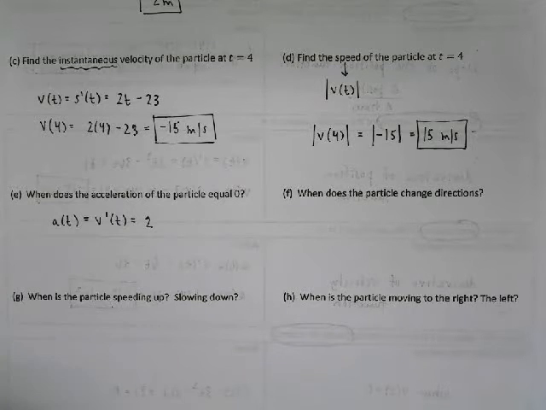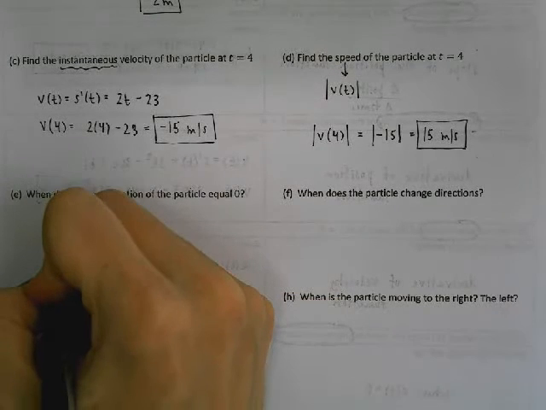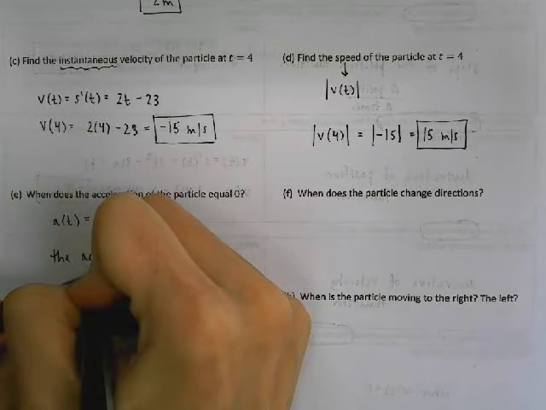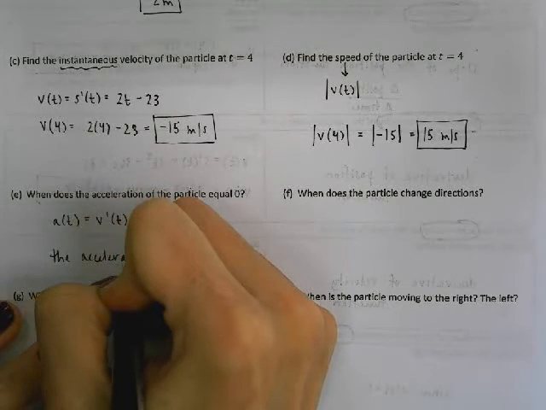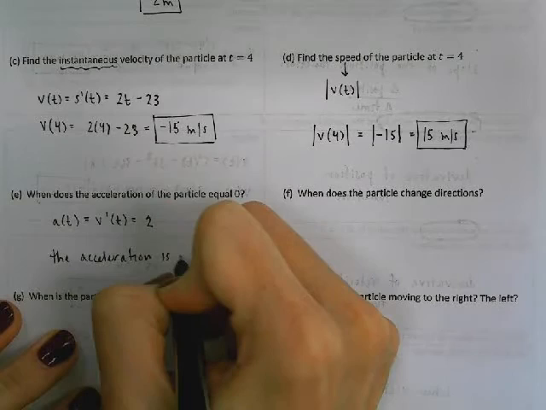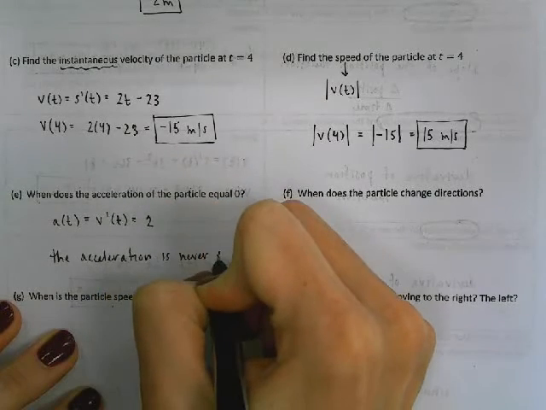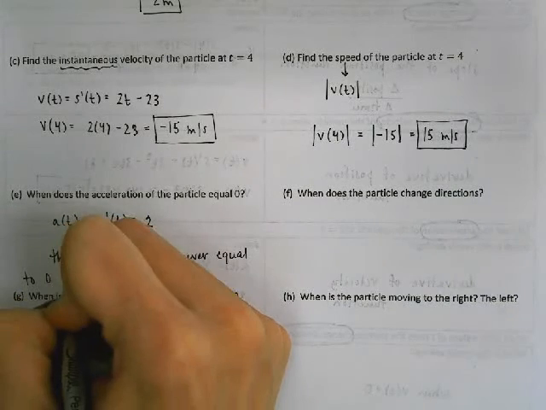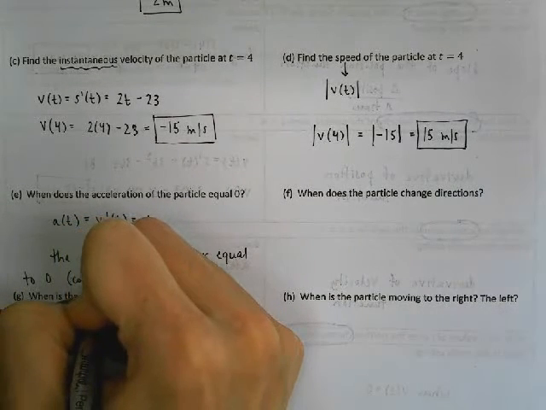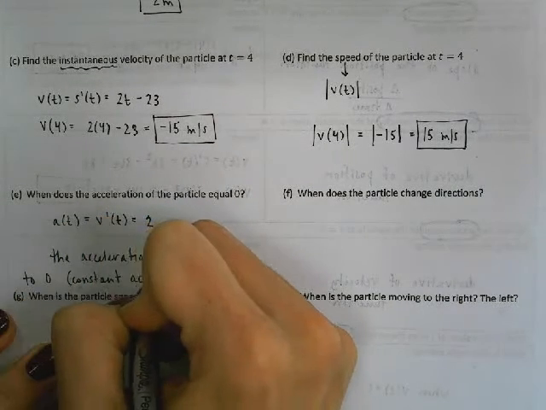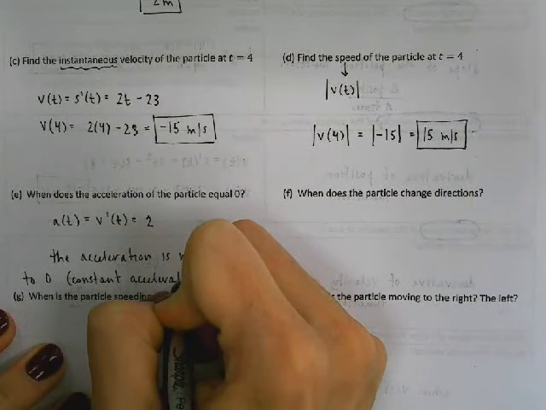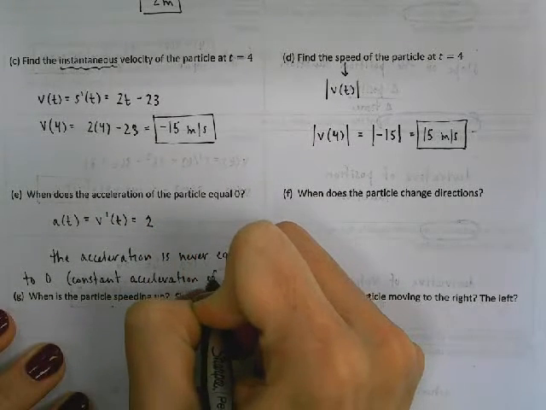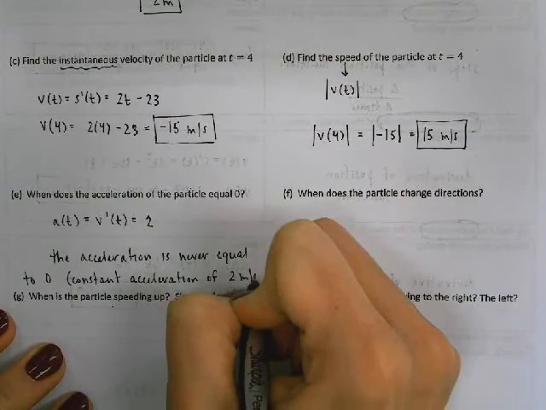So that tells me that in this case, the acceleration is never equal to 0, because we have a constant acceleration of 2 meters per second squared.